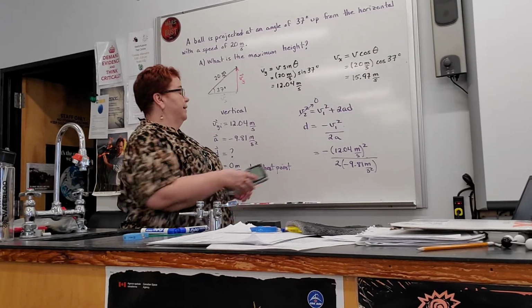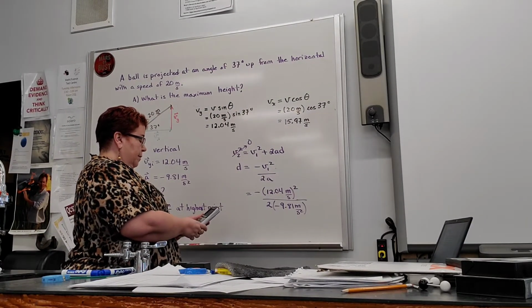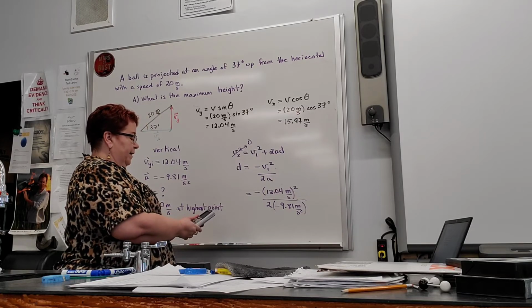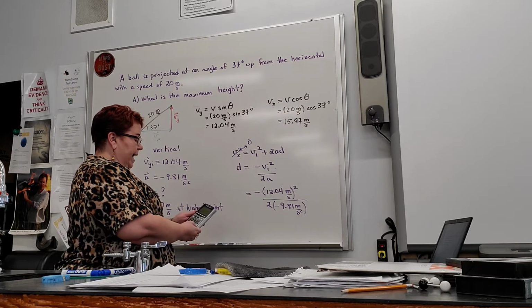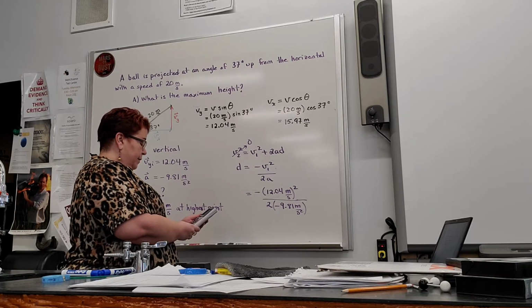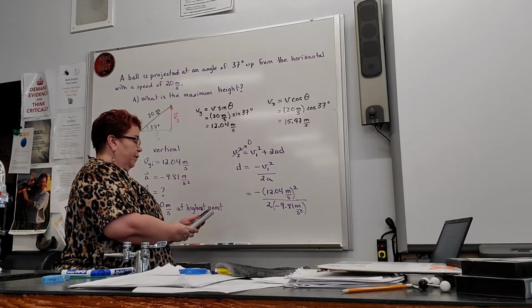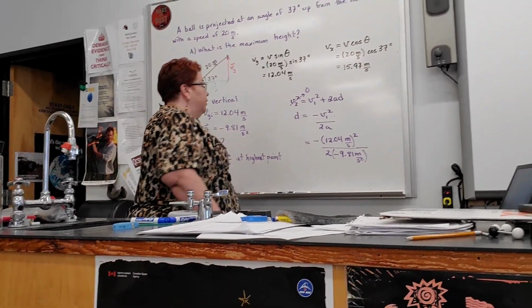So let's calculate that. 12.04 squared, and the result is also negative, and we get 7.88 and so on meters.